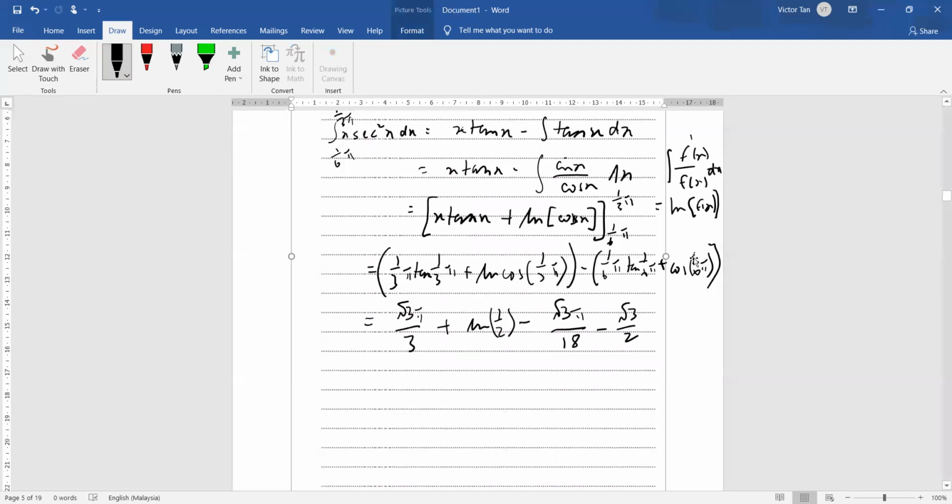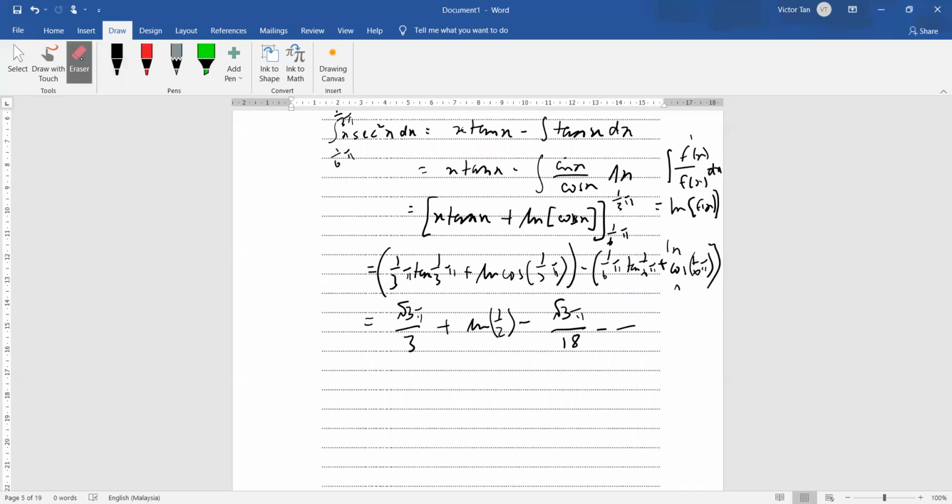Okay. I missed out the ln. There's a ln here. So this is ln root 3 over 2.